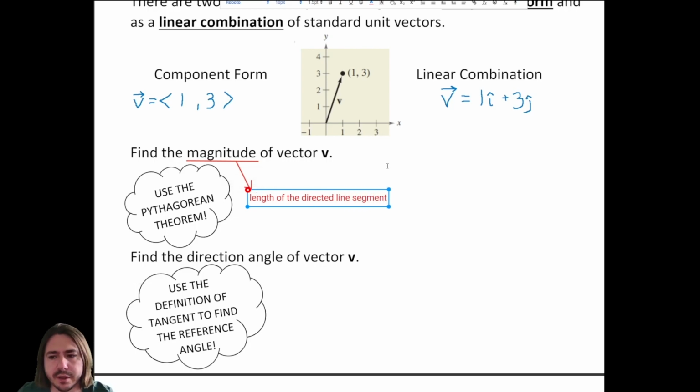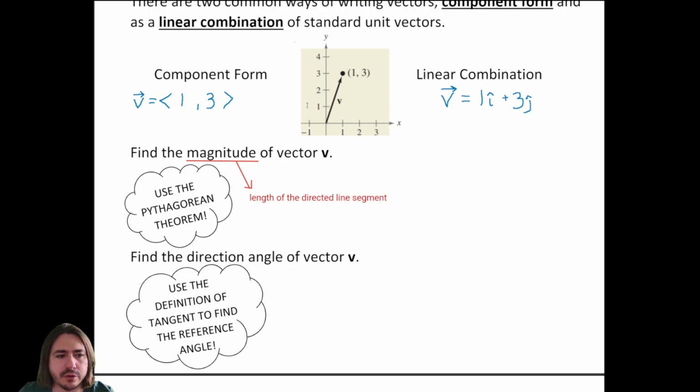And so if you have a vector like <1, 3>, you can simply set up a right triangle like this. And since we know the side lengths of this right triangle, 1 and 3, we can use the Pythagorean theorem, which is my little hint here, to find the magnitude of vector v.